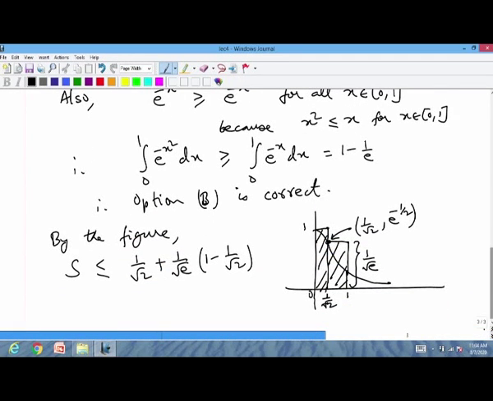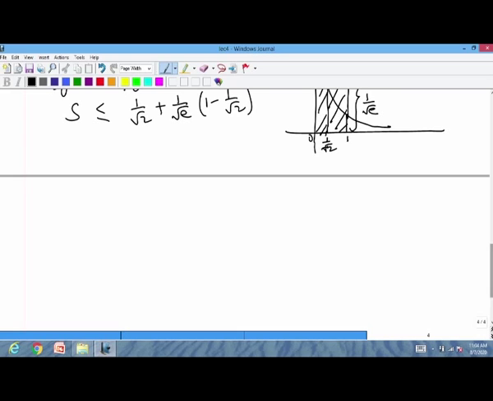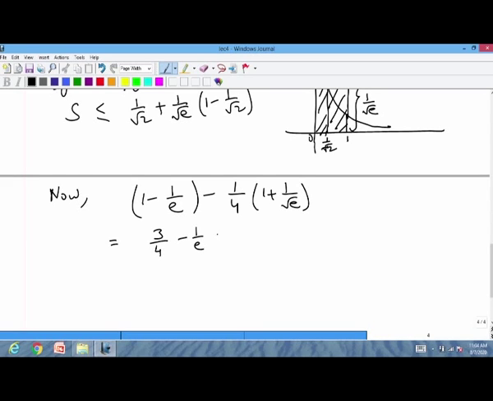So, 1 minus 1 by e minus 1 by 4 times 1 plus 1 by square root of e, as in option C, is equal to 1 minus 1 by 4, that is 3 by 4, minus 1 by e minus 1 by 4 square root of e, which is equal to 1 by 4e times 3e minus 4 minus square root of e.